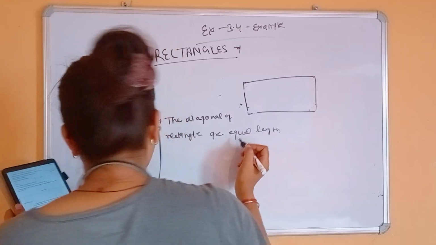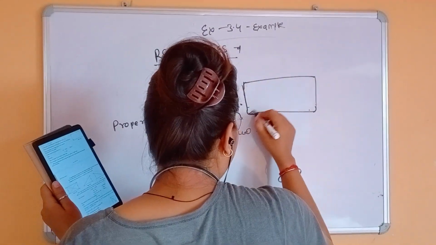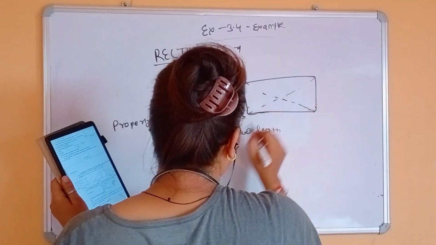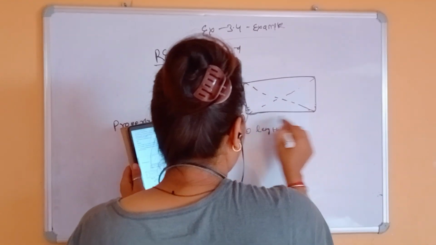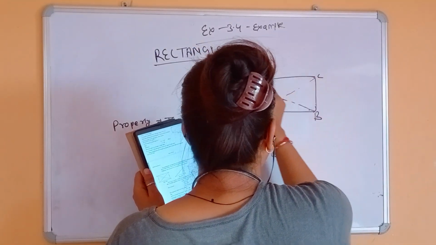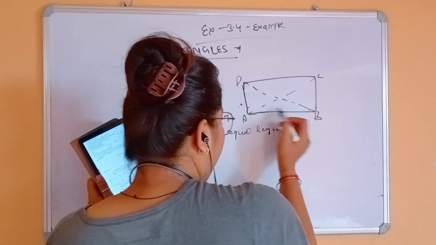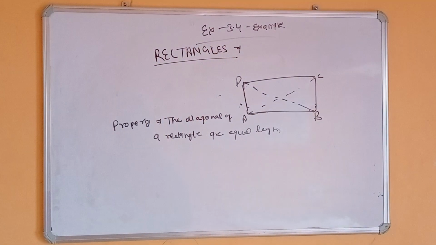That means, in the figure, we first make the diagonals by dotted lines. Here we give the name ABCD. Then the diagonals are AC and BD.